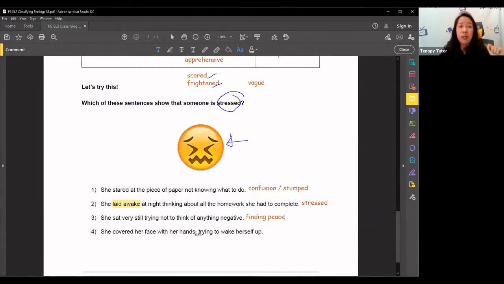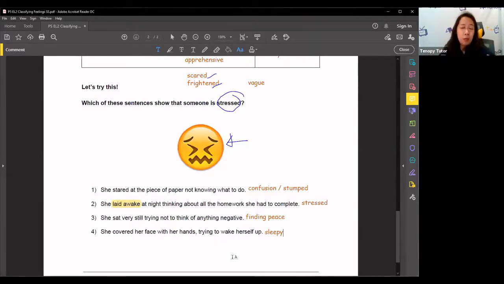Okay, look at number 4. She covered her face with her hands, trying to wake herself up. Put yourself in the shoes of this character. You're just sitting there and you are feeling tired, and you put your hands on your face. What are you feeling here? Very good, Isaac. You're feeling sleepy. Of course, sleepiness could be a sign of stress, but there's no reason here to say that this is because of stress.